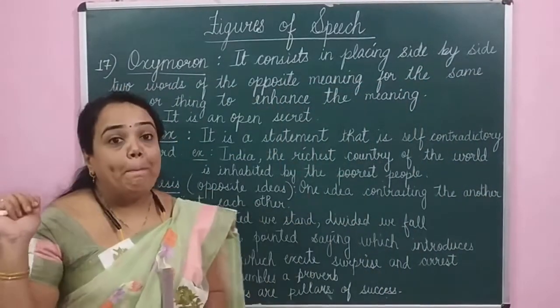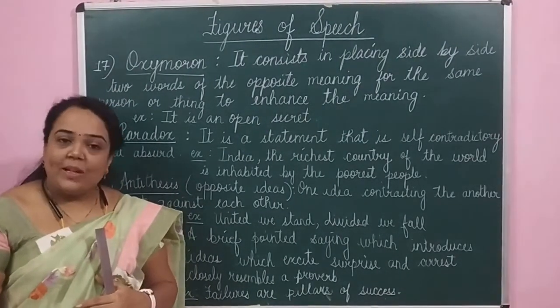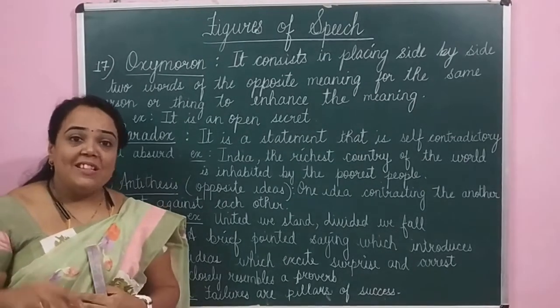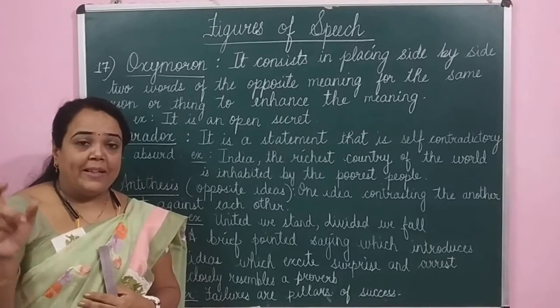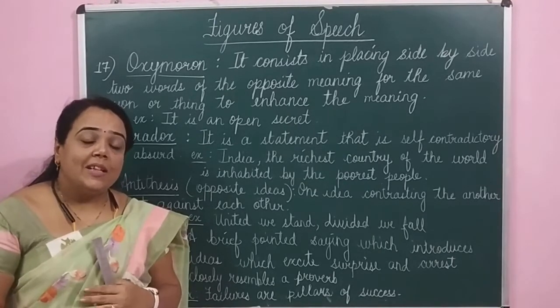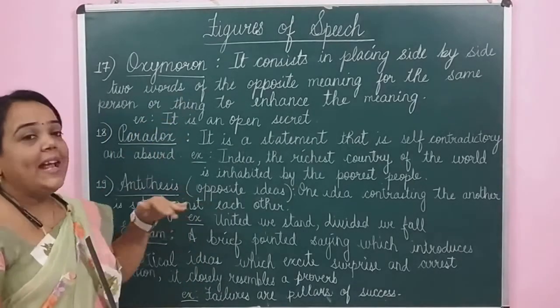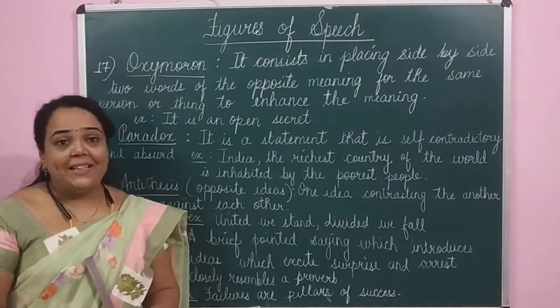Then we saw paradox. What is paradox? Paradox actually is a statement that is self-contradictory. What is being said in the first part is being contradicted; just the opposite is being said in the second part. Okay? Then we saw antithesis. Antithesis: opposite ideas.